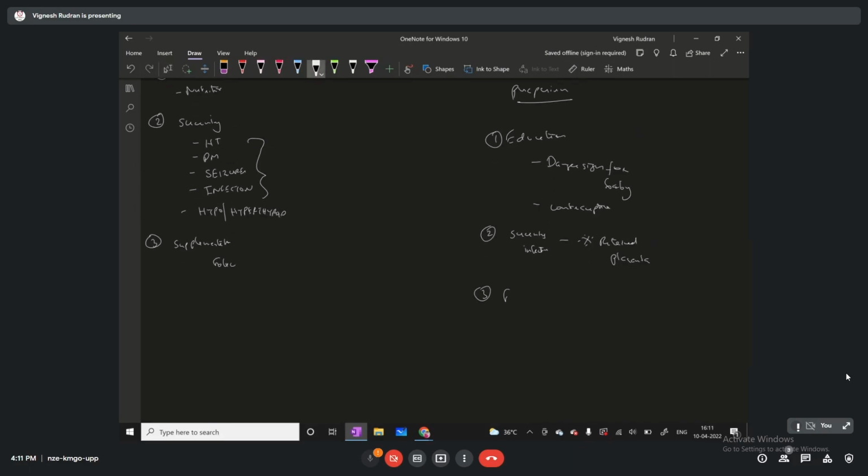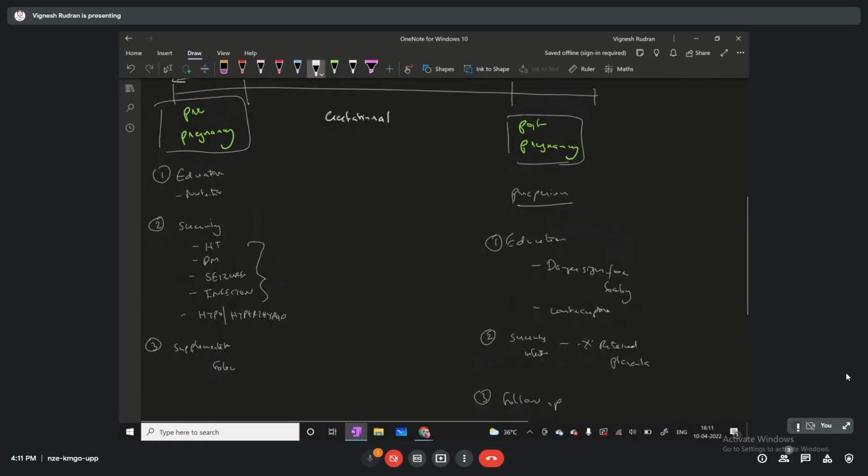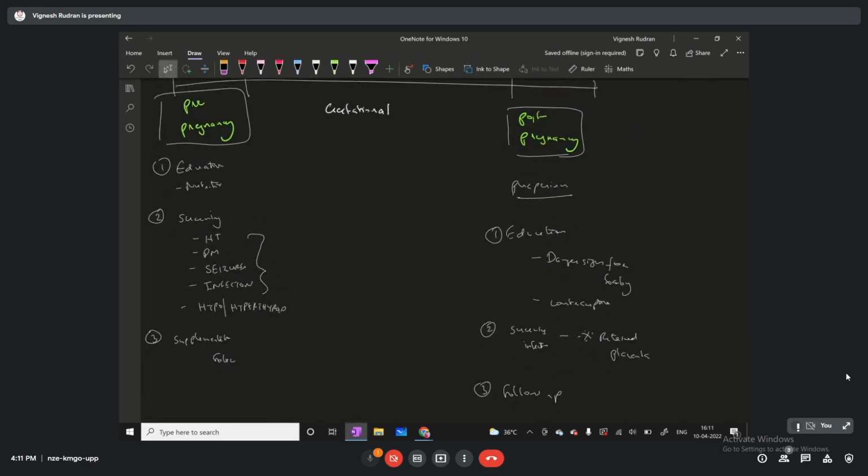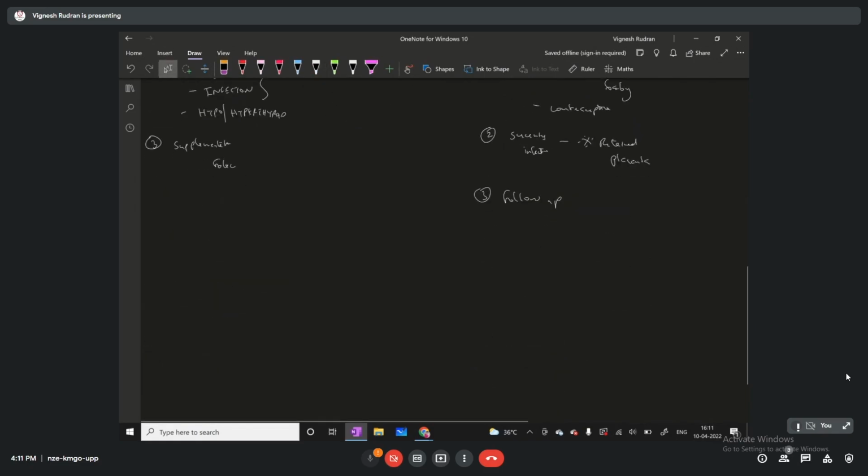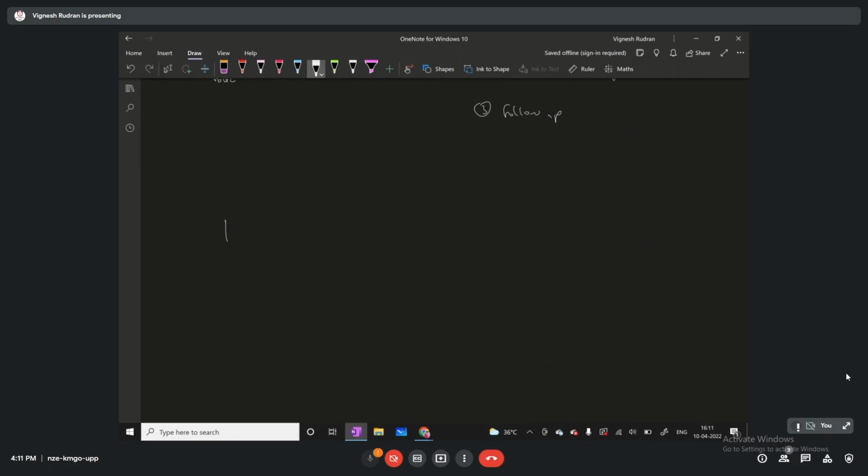And then you can do follow-up, like in cases of diseases like hypertension or diabetes. You can follow up the patient to see what state their conditions are. So these are the most important things you need to know when it comes to pre-pregnancy and post-pregnancy. So I'll start off with your pregnancy.